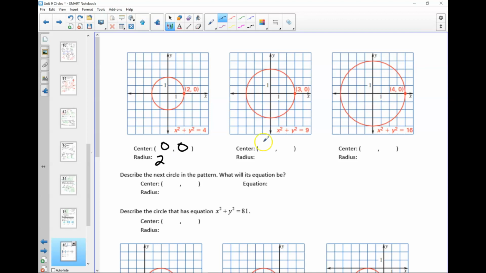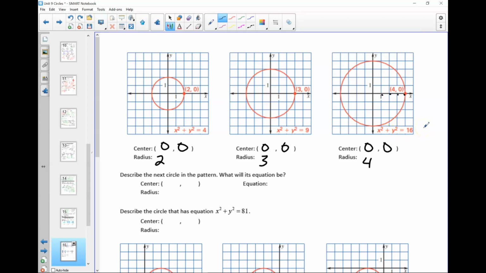Here we have the center (0, 0), the radius is 3. x squared plus y squared equals 9. Third example, center again is (0, 0), but here the radius is 4. x squared plus y squared equals 16.